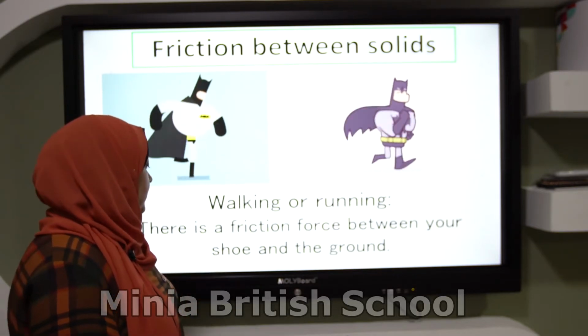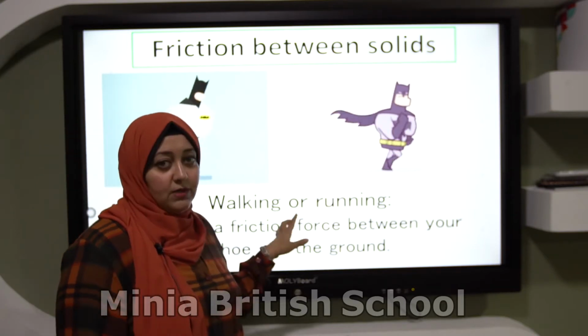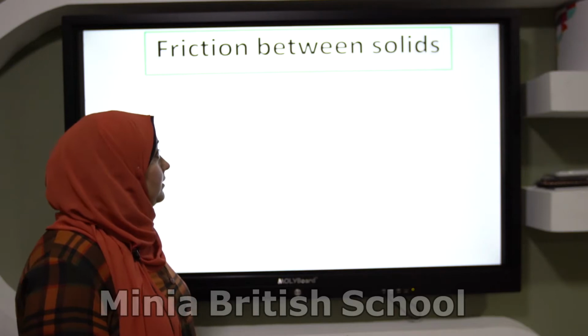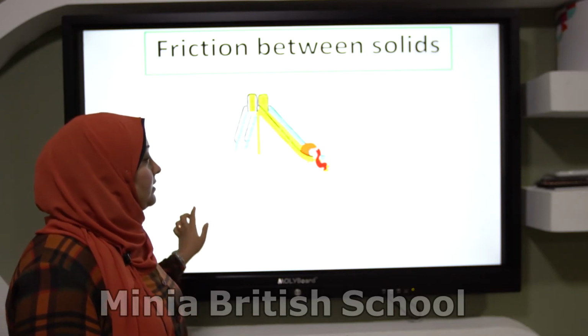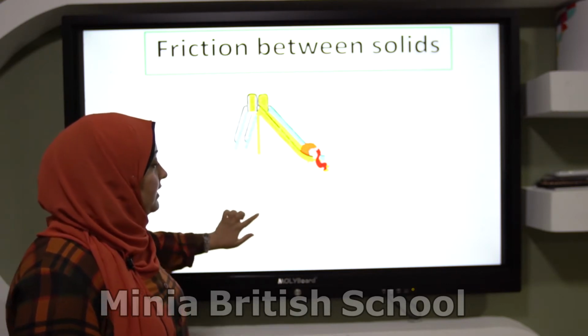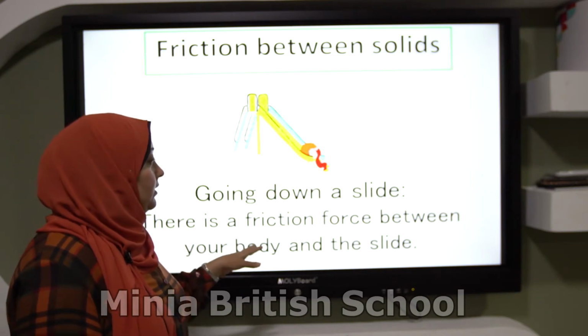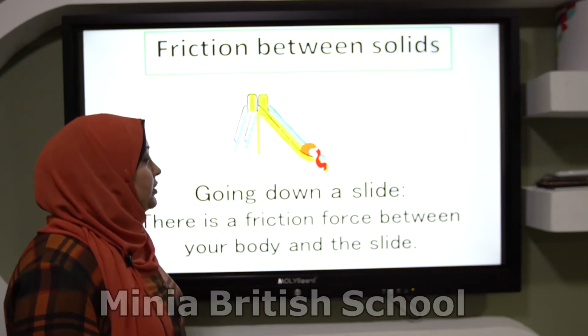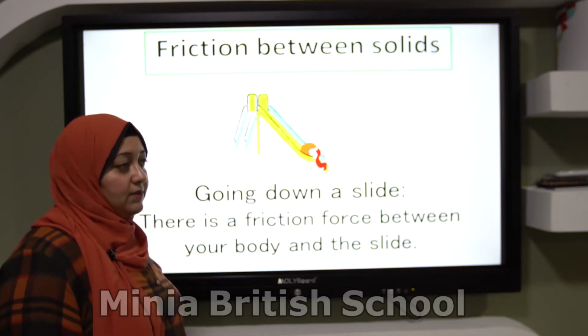Walking or running, there is a friction force between the shoe and the ground. What else is like friction between solids? When you are sliding on a slide like this, going down, there is a friction force between your body and the slide.